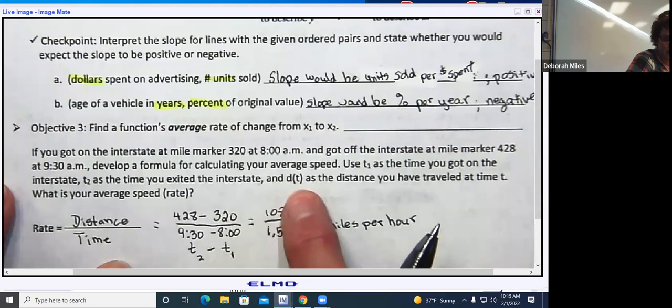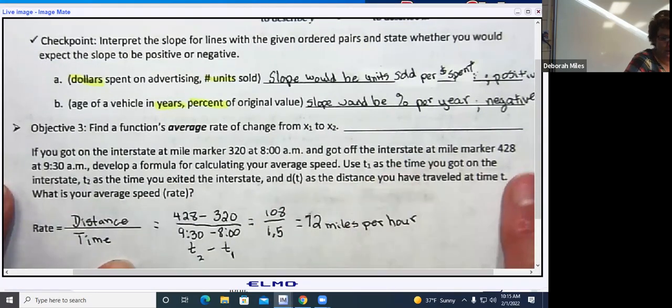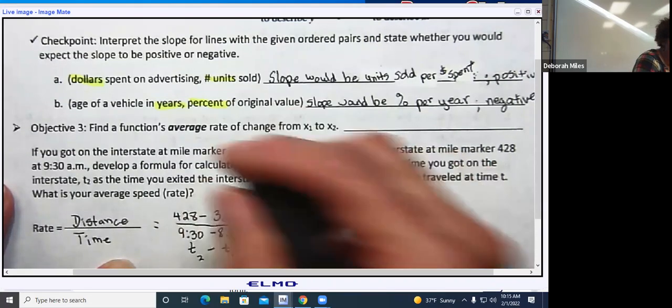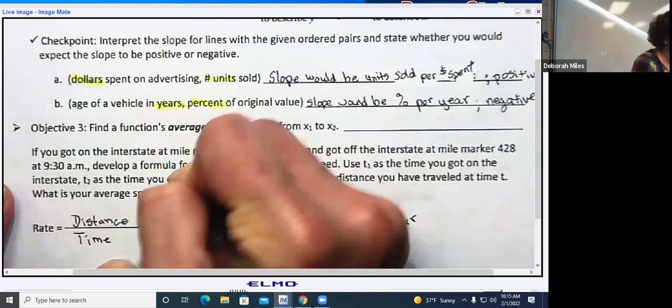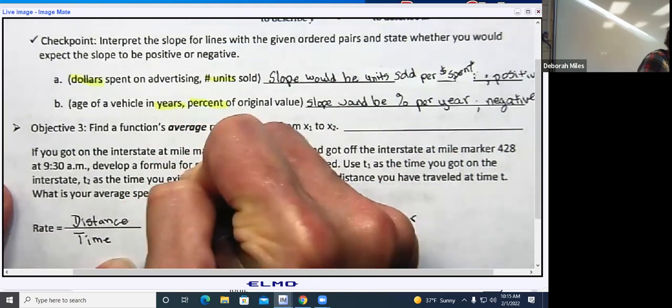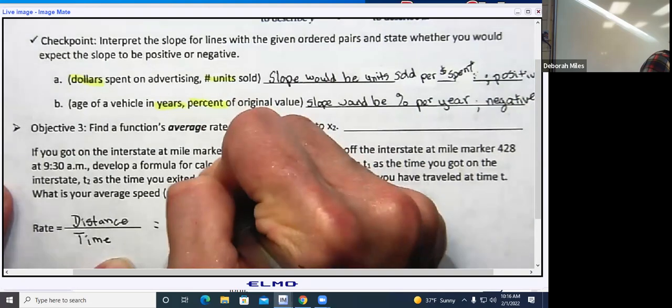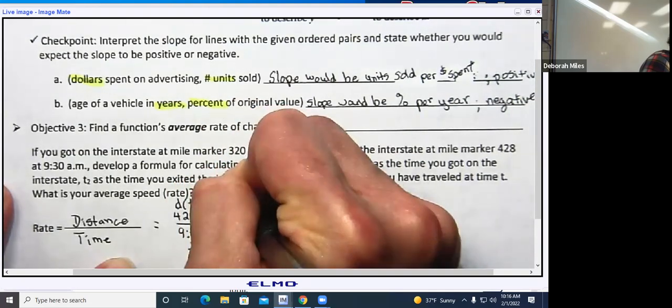Use D of T as the distance you've traveled at time T. This 428 is my distance, or the mile marker I'm at at time 2. And that 320 is my distance at time 1.